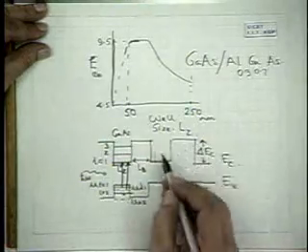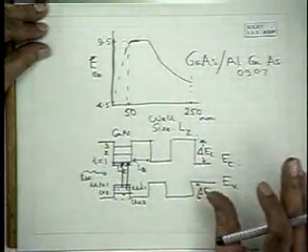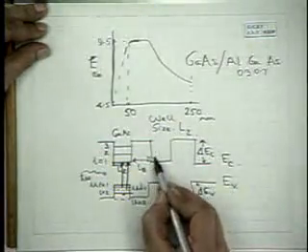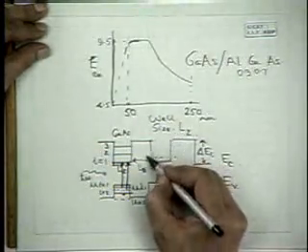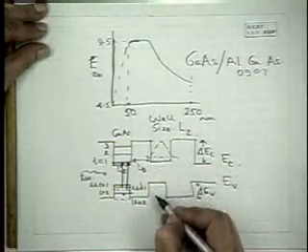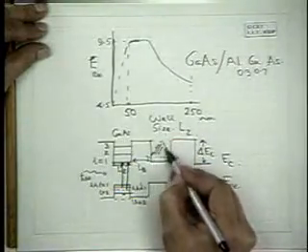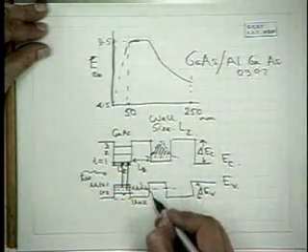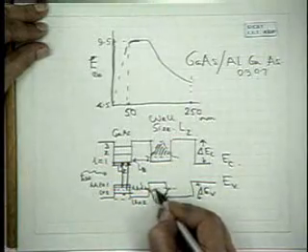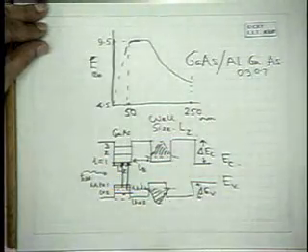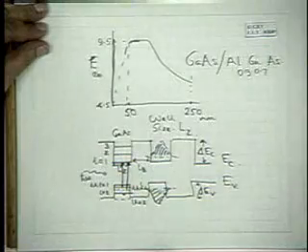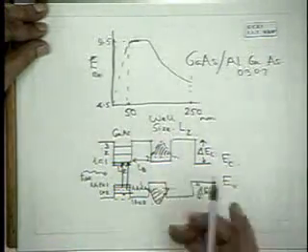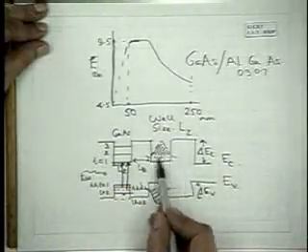And excitons, as you know, are bound electron hole pairs. Here, the electron wave function can be shown by something like this, and the hole wave function can be shown by something like this. Remember, these are weakly bound excitons.